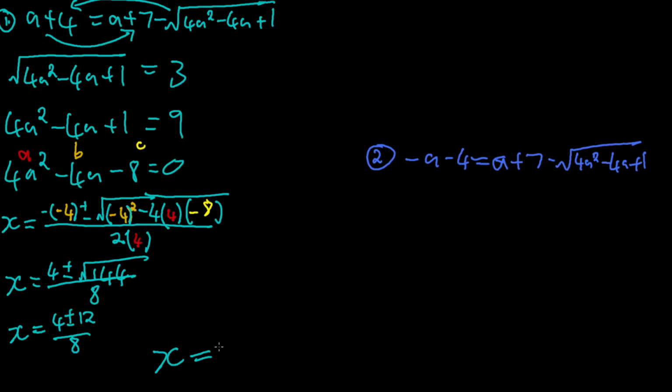So 4 plus 12 is 16 over 8 is 2. So x is equal to 2, or x is equal to 4 minus 12, which is negative 8 over 8, which is negative 1.